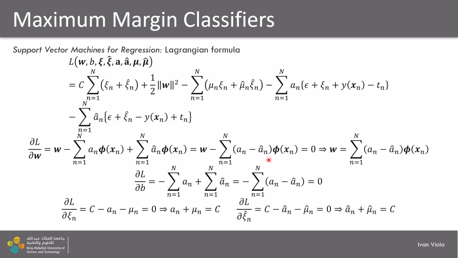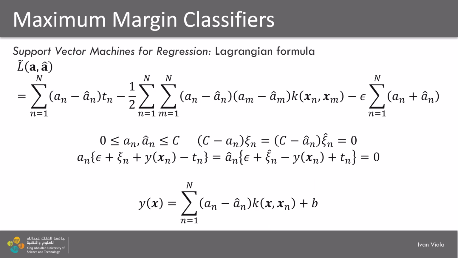So the a hat are, of course, the Lagrangian multipliers which are associated with the constraint which is from below, and a are the constraints which are from above. Let's have a look at how all these constraints turn out when reformulating our Lagrangian, and also let's have a look at what all these replacements actually mean.